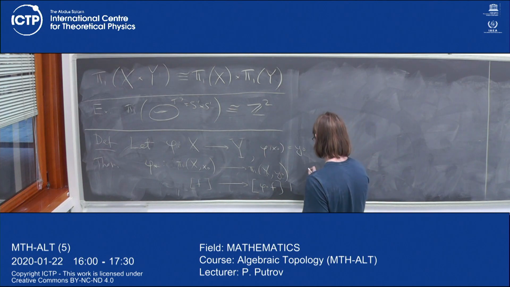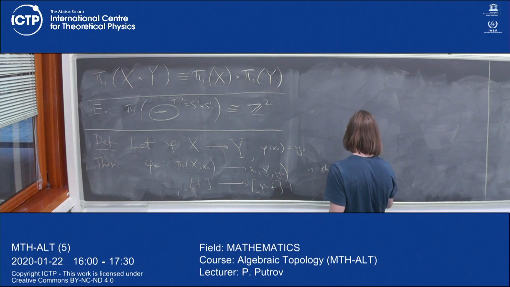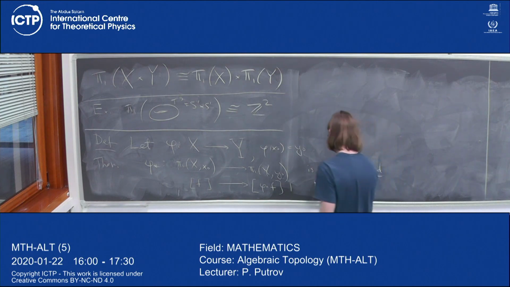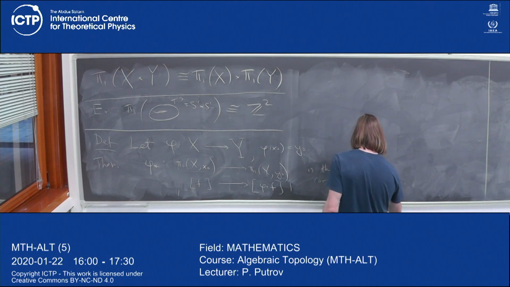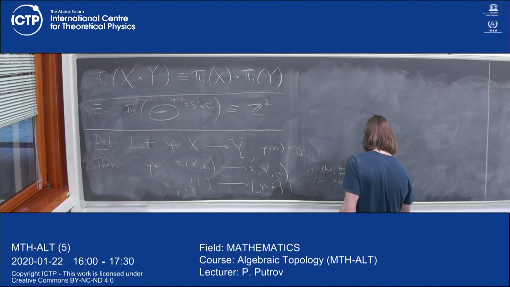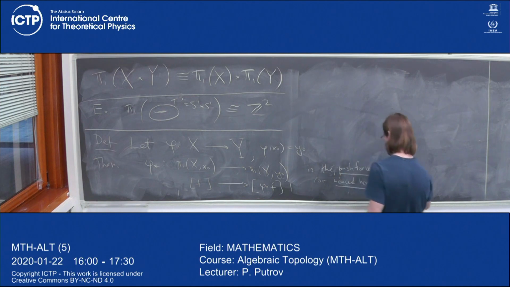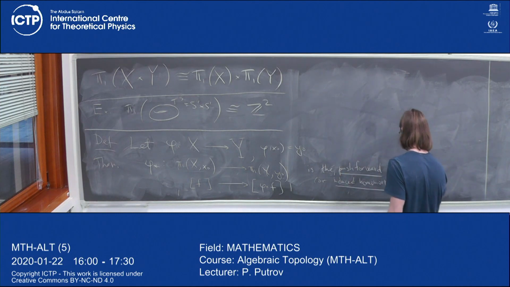So such a map is called the push forward, or sometimes the induced homomorphism of phi.